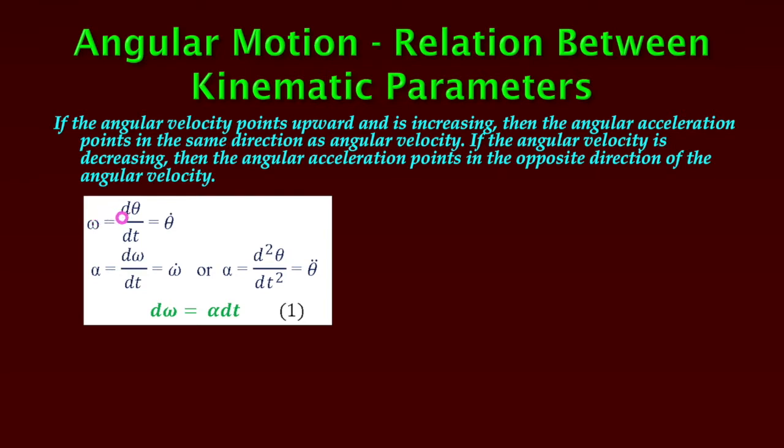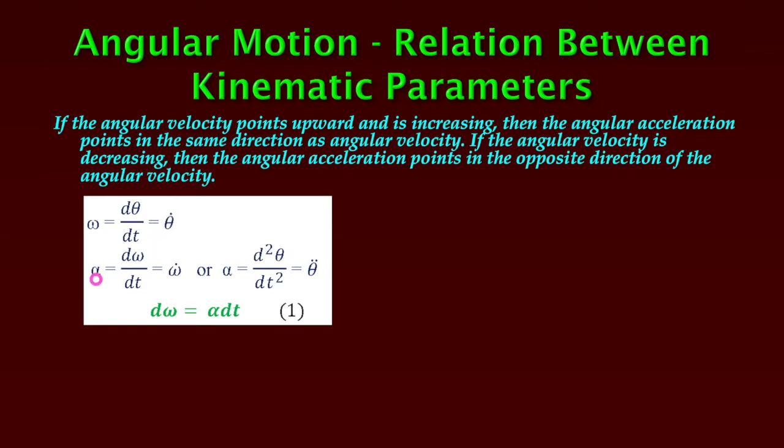For any angular motion, if at any particular instant theta is the displacement, then d theta by dt is the angular velocity, also represented as theta dot.